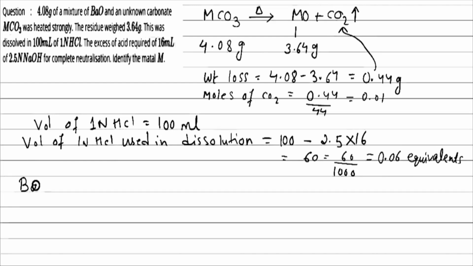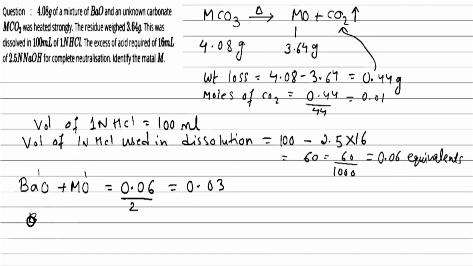So this is nothing but the residue. What was in the residue? BaO plus MO is equal to 0.06 equivalents. To find the number of moles, let us divide by 2 because of the n factor, each has 2. So the value will be 0.03.